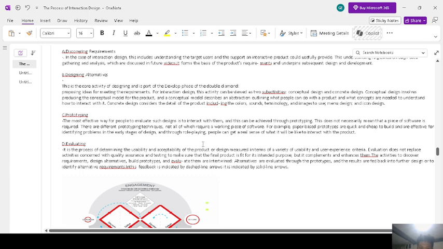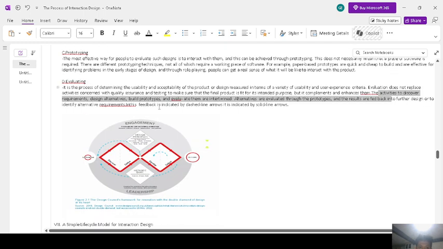It is the process of determining usability and acceptability, so how users accepted the product based on different measurements that you created using your requirements and based on knowledge of how the user interacts with the system. Alternatives are evaluated through the prototype, and the results are fed back into further design.